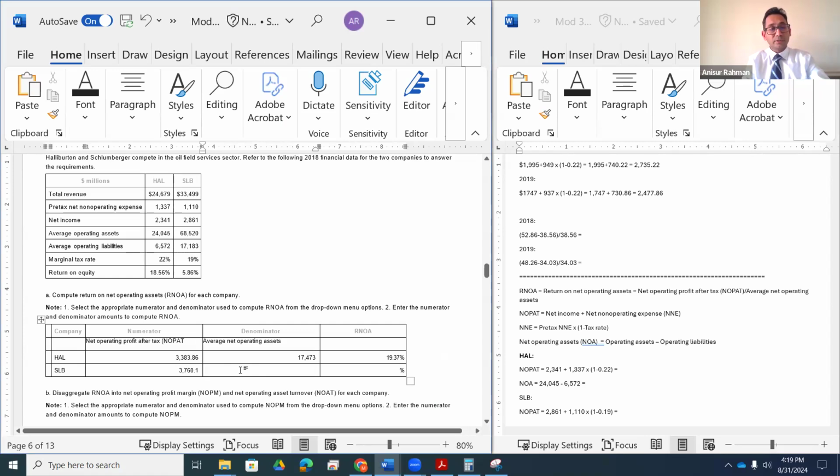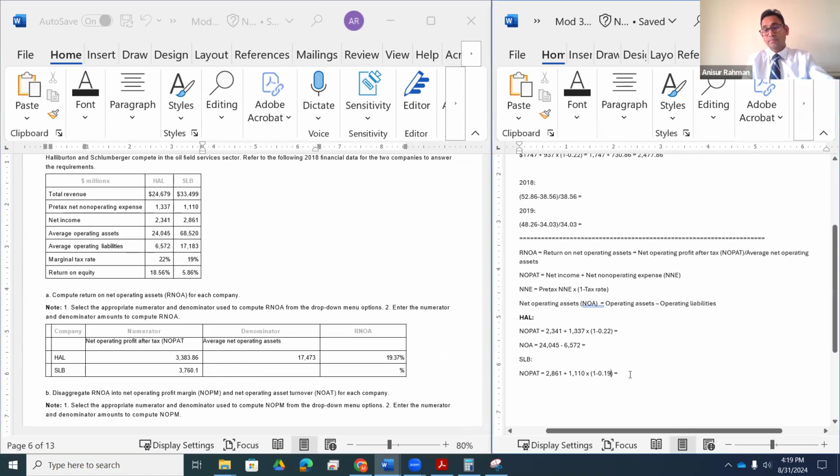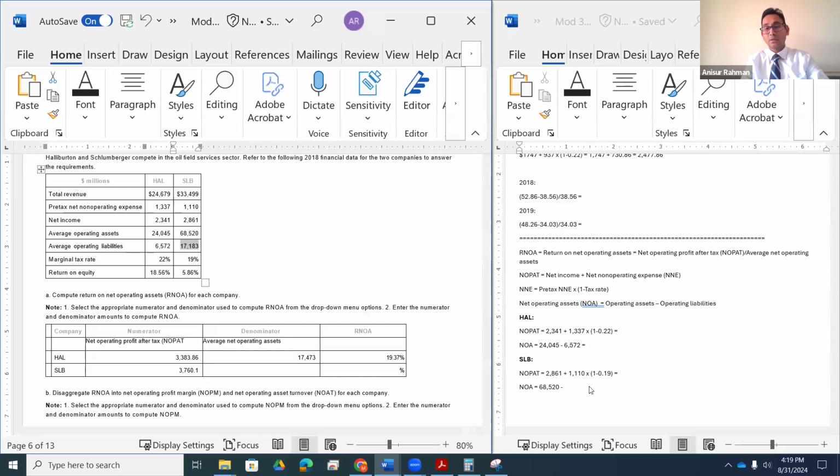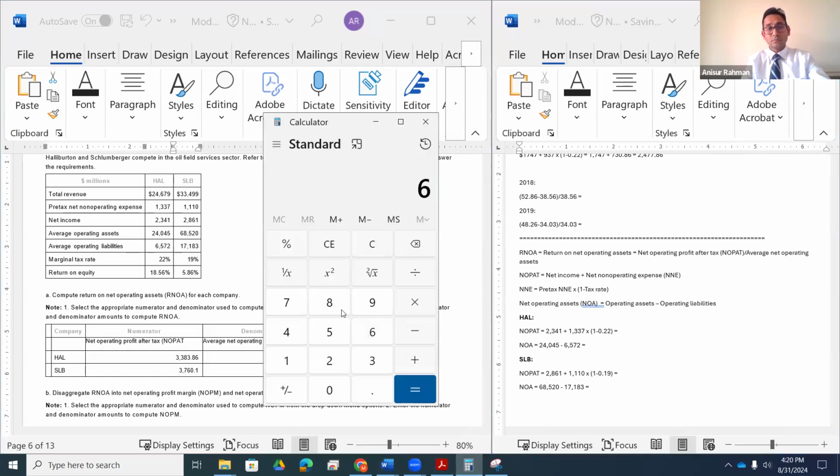Our average net operating assets is equal to our average operating assets minus average operating liabilities. $51,337.